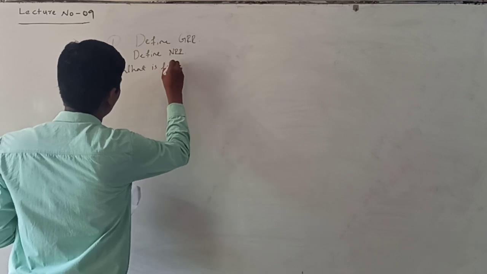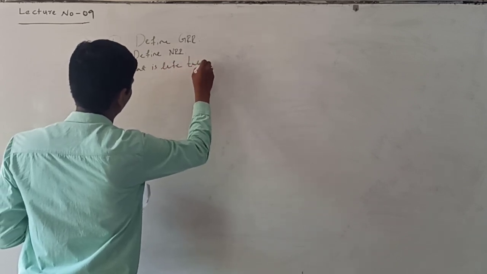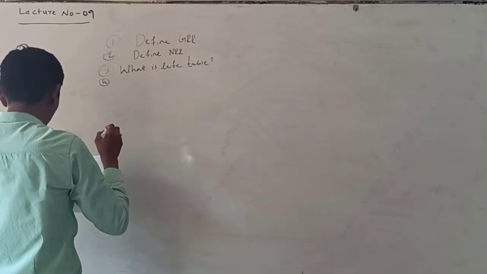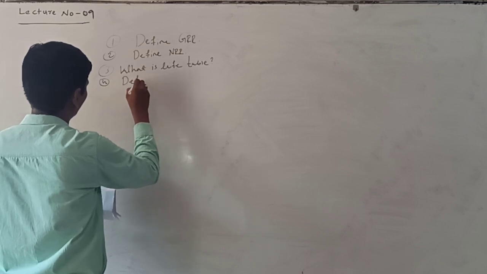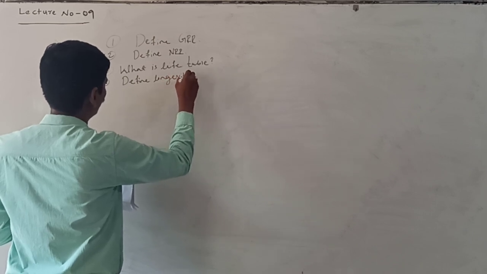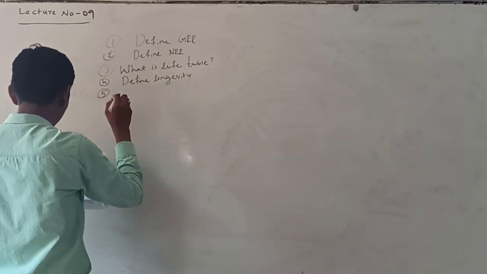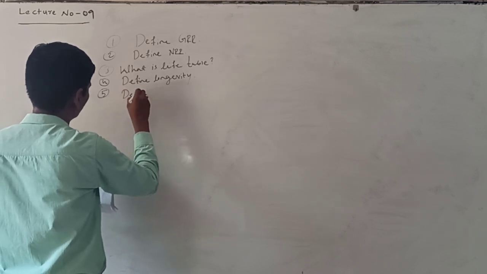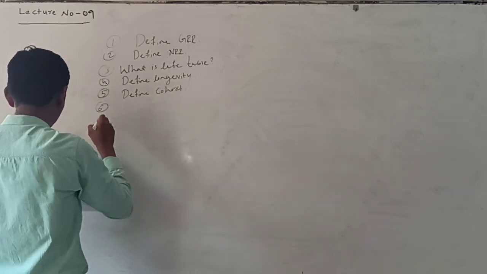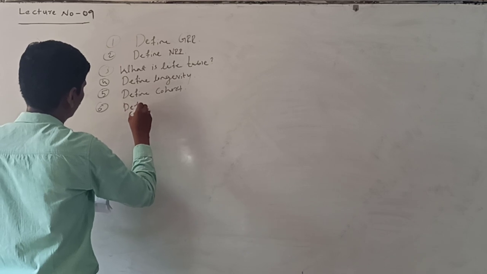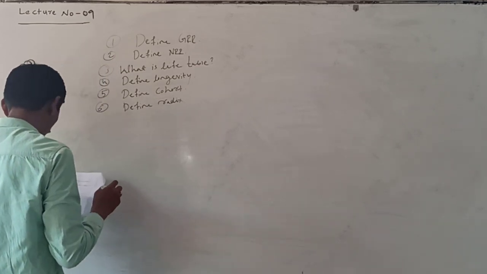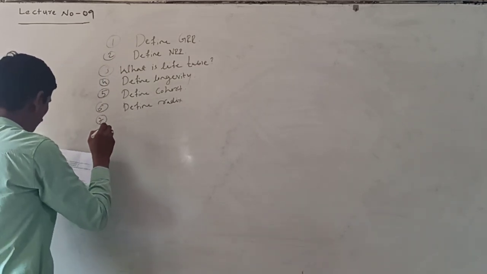Fourth question, define longevity. Fifth one, define cohort. Sixth one, define radix. Seventh one, what is the mortality ratio?